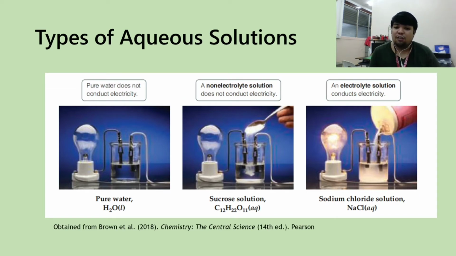A non-electrolyte solution, on the other hand, does not dissociate into charged atoms or cations, so it is not a good conductor of electricity, thus not making the bulb light here.